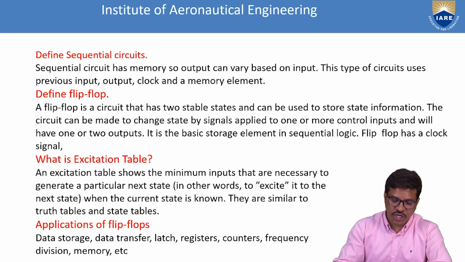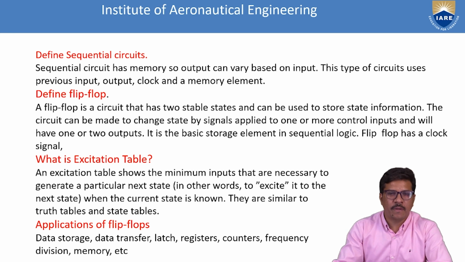What is the excitation table? We know the truth table. The truth table has the possible combinations of inputs and the corresponding outputs of a circuit, for example for combinational and sequential circuits. Whereas an excitation table shows the minimum inputs that are necessary to generate a particular next state when the current state is known.